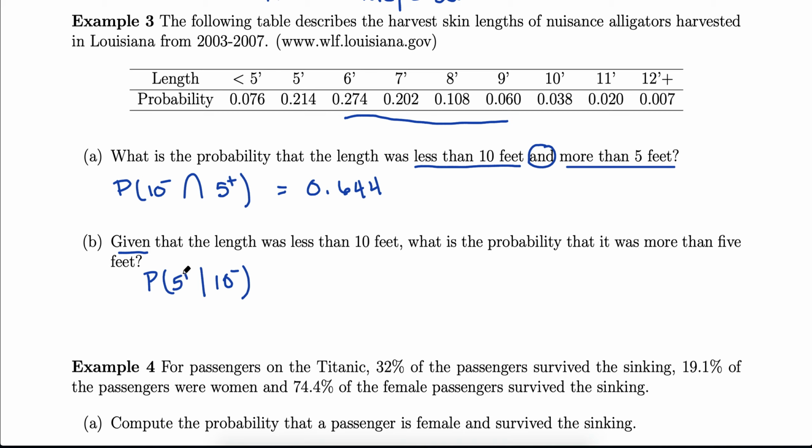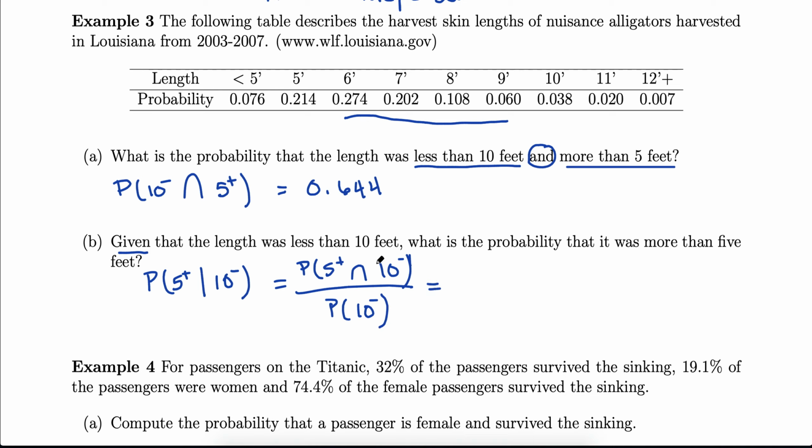So what's the probability of 5 plus given I'm only looking at ones that are less than 10 feet? So our formula, probability of both of these happening, 5 plus and 10 minus, divided by our given info, 10 minus.